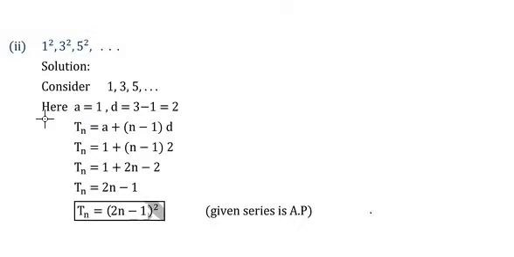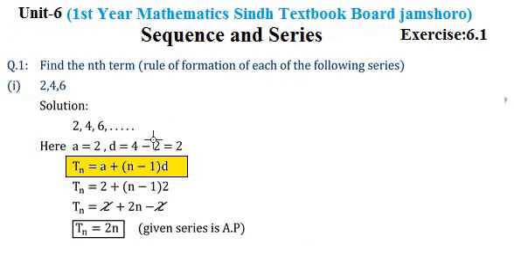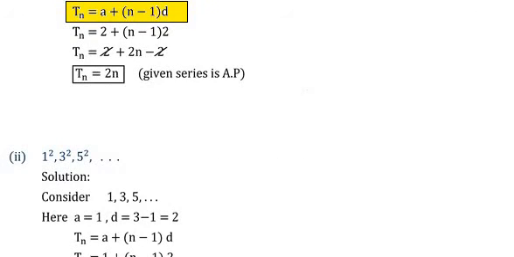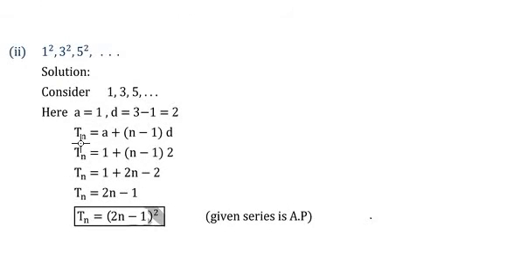Now the first term a is equal to 1, and d is equal to 3 minus 1, so d is equal to 2. In the question we need the nth term, so Tn is equal to a plus (n minus 1) into d. Tn is equal to 1 plus (n minus 1) into 2.